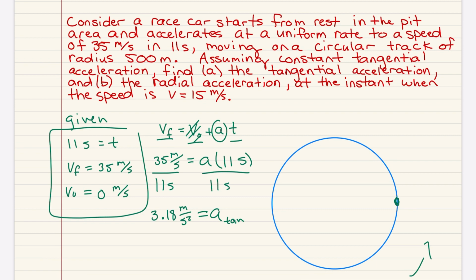But what about B, the radial acceleration, at the instant when the velocity is 15 meters per second? Now, it's important to point out here that when it's asking for radial acceleration or centripetal acceleration, those are the same thing, by the way, then it's going to indicate a specific point, because centripetal acceleration depends on tangential velocity.